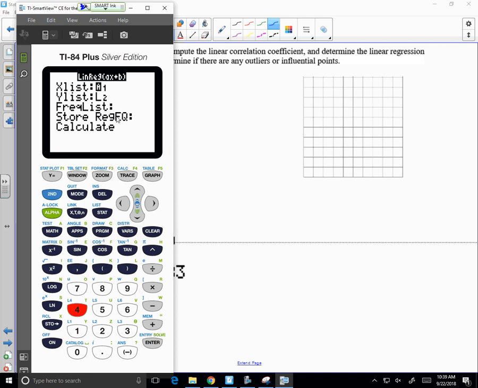If they're not there, you hit second 1, second 2. To get store regression equation, and also, this is a good way to figure out if you have a TI-84, if hitting these keys doesn't produce what it's supposed to produce, then you may need an operating system upgrade. So you talk to me at the end of class. So I want to store my regression equation in as Y1. So I hit alpha, followed by trace.